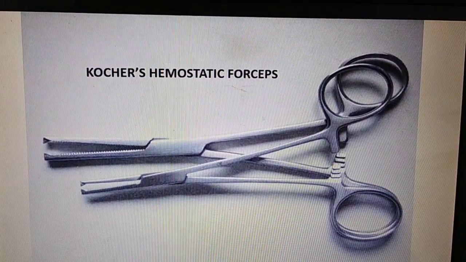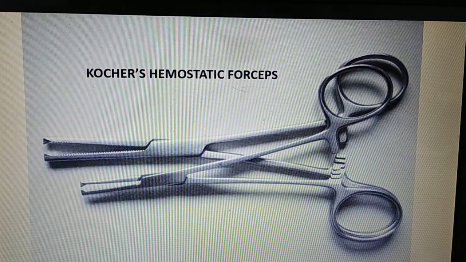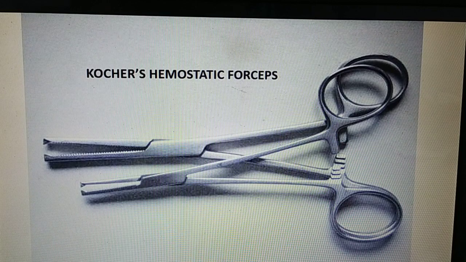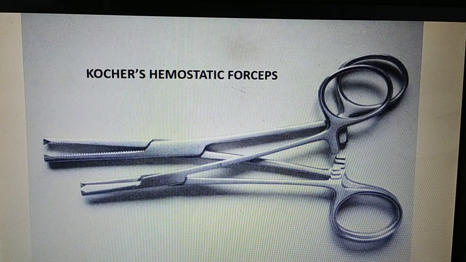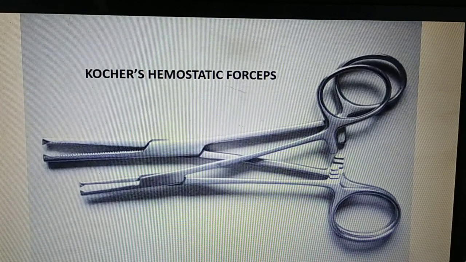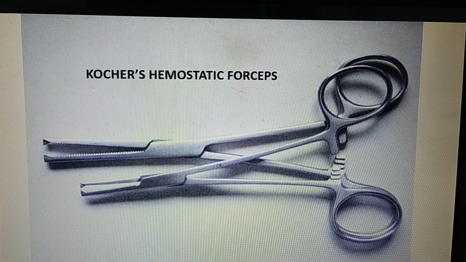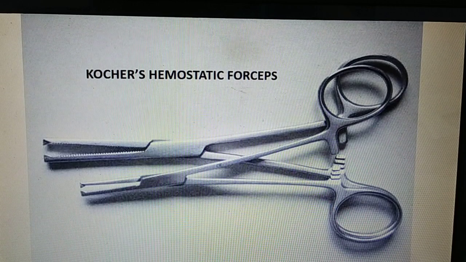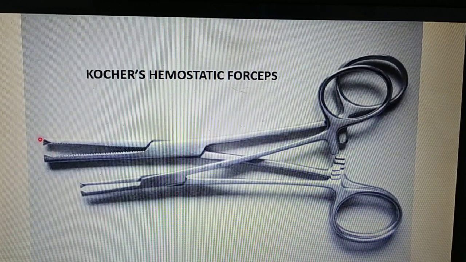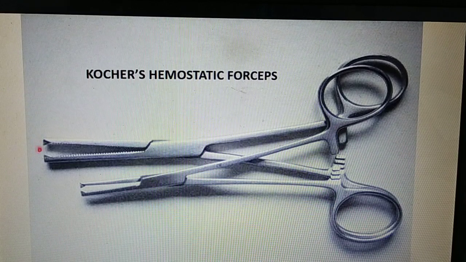Next, this is Kocher's artery forceps, or Kocher's hemostatic forceps. At the tip of the blade there is a tooth in one blade and a groove in the other blade where the tooth fits when the ratchet is closed.